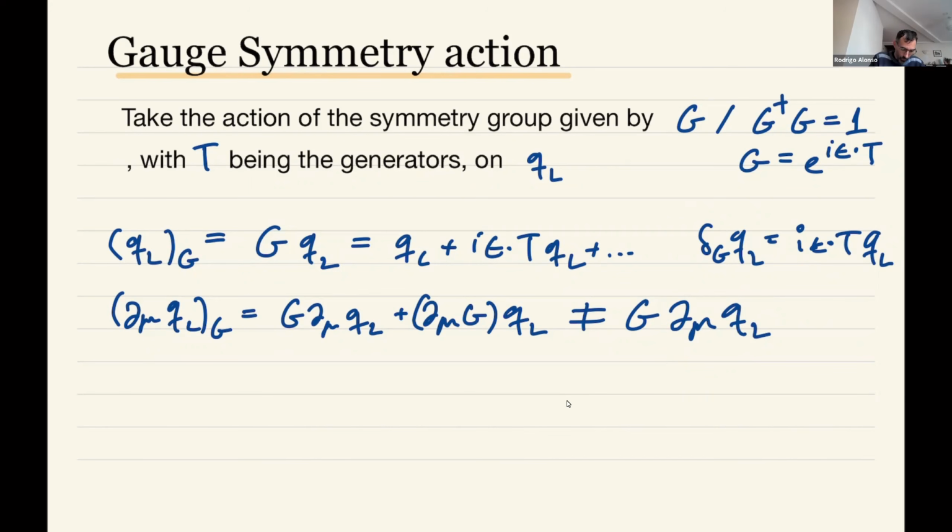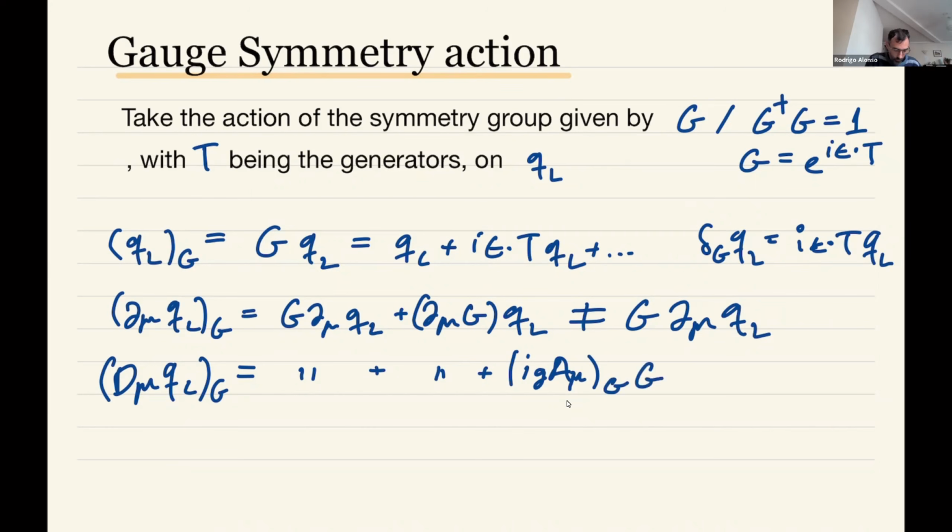The fix that you already know about is that we simply write a covariant derivative, which will have those same two terms there, but in addition we add this other piece. Let me just note it. There's some gauge boson A_mu, with some coupling g, and there are some implicit generators in there. It transforms with this group element over Q_L.